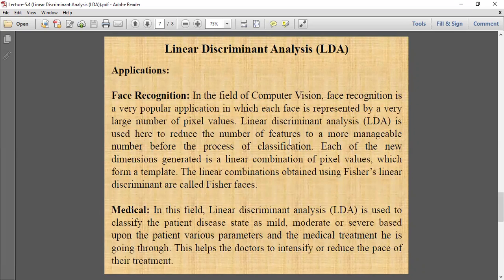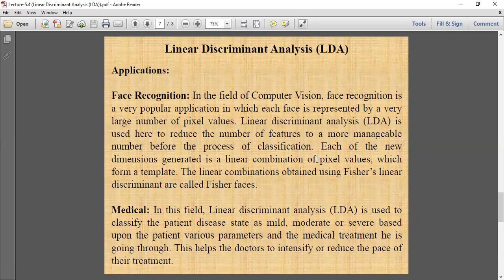These are some applications where we use LDA. Face recognition. In the field of computer vision, face recognition is a very popular application in which each face is represented by a very large number of pixel values, and LDA is used here to reduce the number of features to a more manageable number before the process of classification.